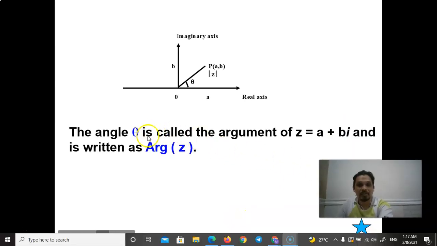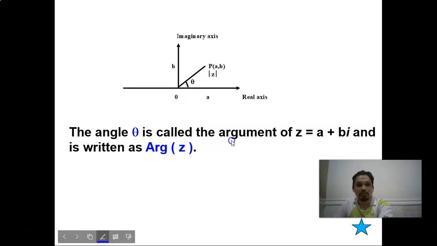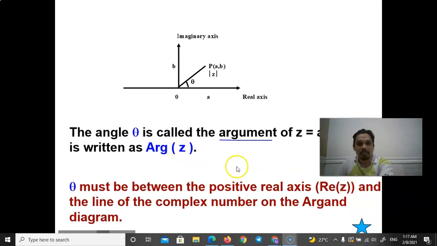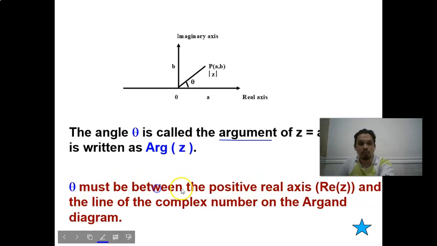The angle theta is called the argument and written as argument of z. Theta must be between the positive real axis and the line of the complex number on the Argand diagram.